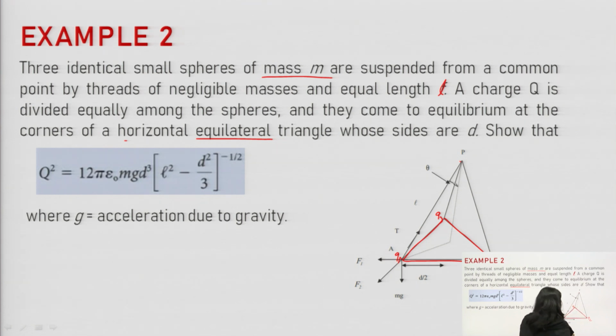Now we know that all the charges are there, and the charge on each of Q1, Q2, Q3 is Q by 3, because in the question they are telling that a charge Q is divided equally among the spheres.